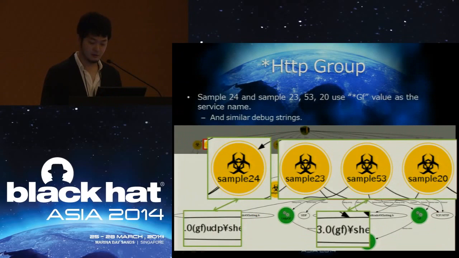So I think sample 24 is a UDP variation and the other samples are TCP and HTTP ones. Note that sample 24 and sample 16, whose service name is GDY HTTP, share the domain name of the CNC server, butterfoo.com. So these samples are also related to HTTP group. Okay, this is HTTP group.